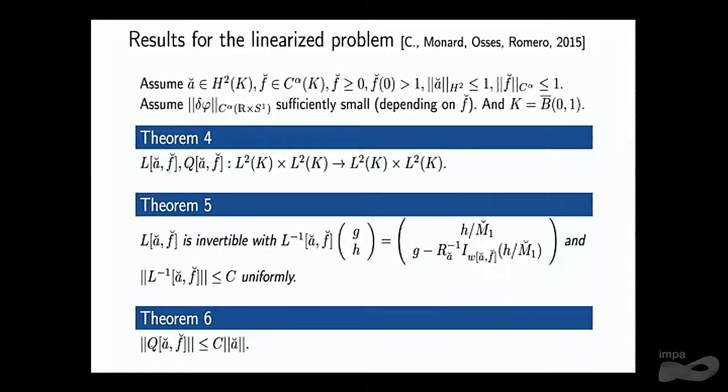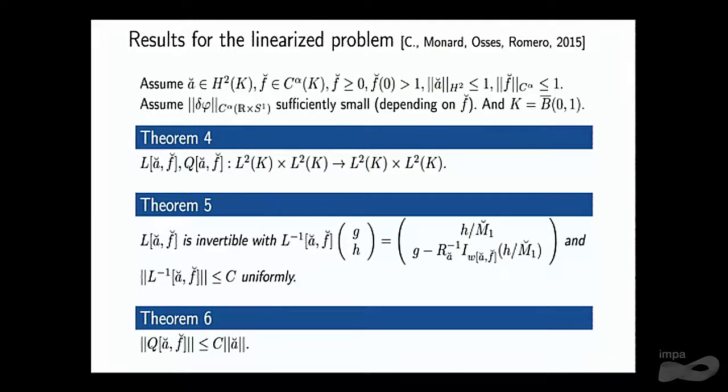But in general, the main theorem is that, in fact, the first part of the linearized operator is invertible. With this, you divide by m, and then you replace to obtain the source here. And it is continuous. And the other part of the linearized operator is small with respect to a.